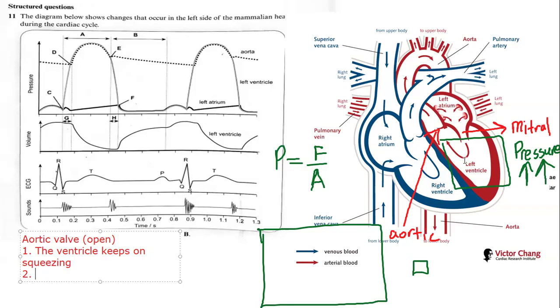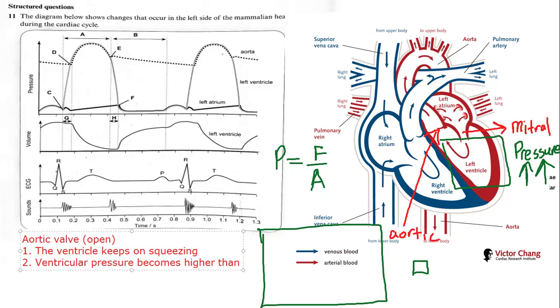But now it's going to keep on squeezing, and the ventricular pressure is going to become higher than what? Than the pressure where?